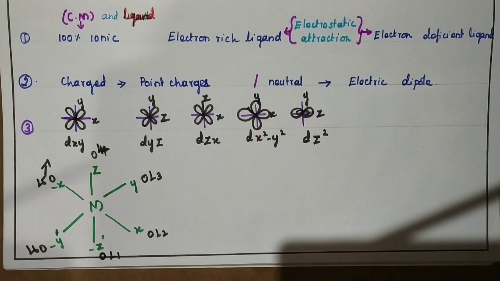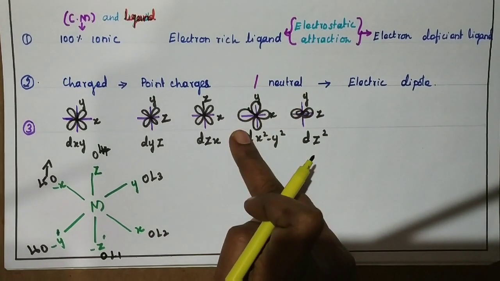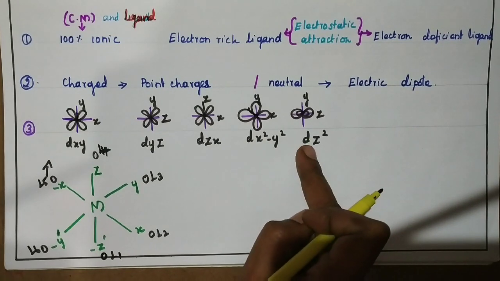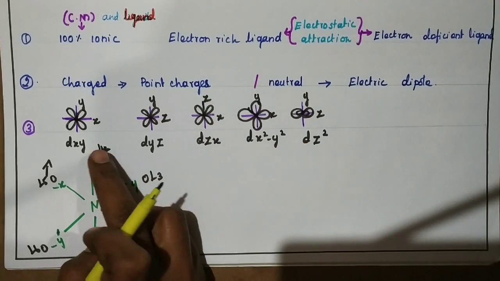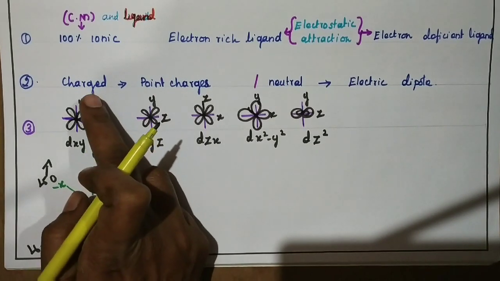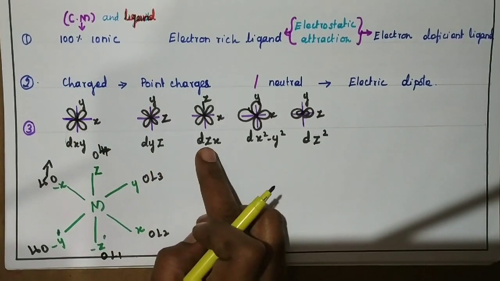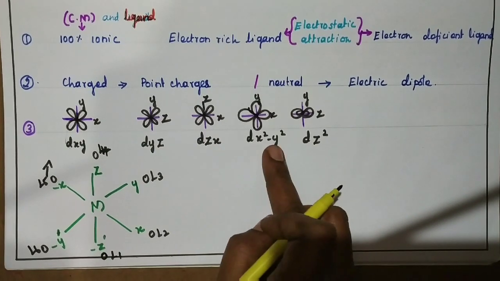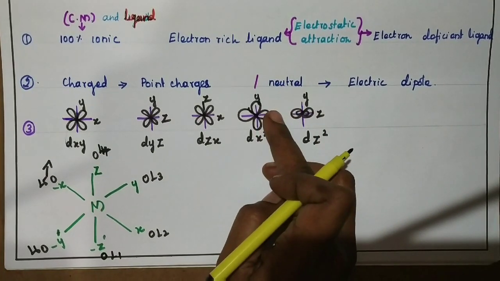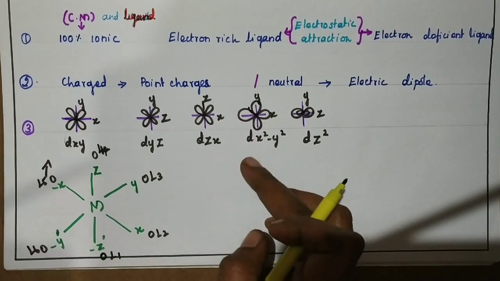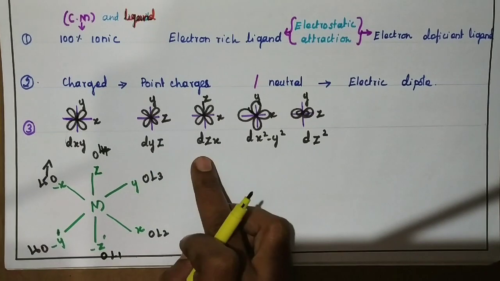The orbitals lying along the axes, dx square minus y square and dz square, will experience strong repulsion to a greater extent than the lobes lying in between the axes, dxy, dyz and dzx. Therefore their energy will be higher.